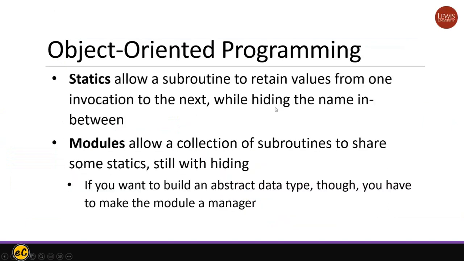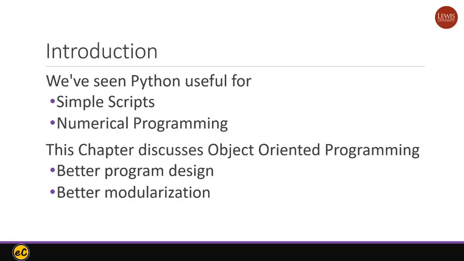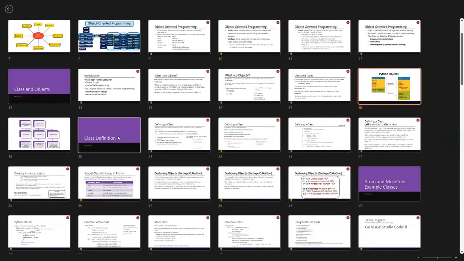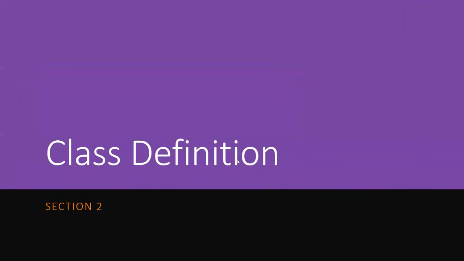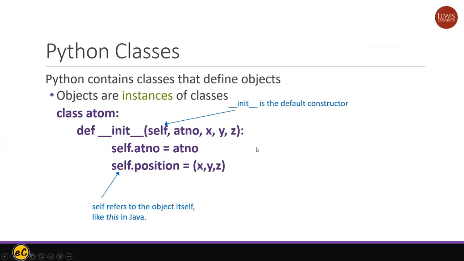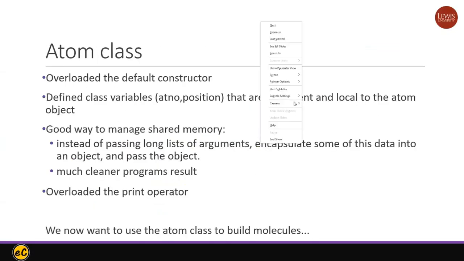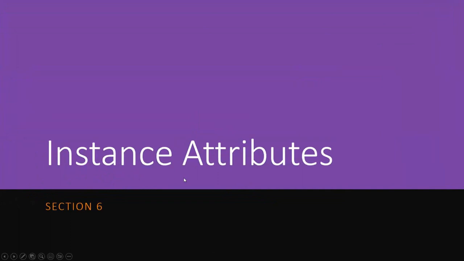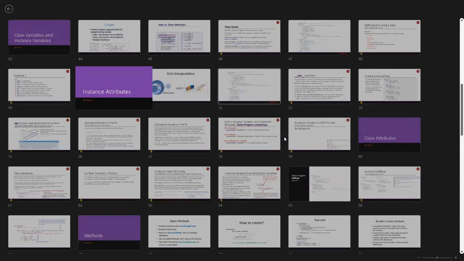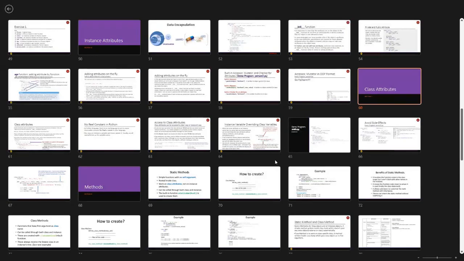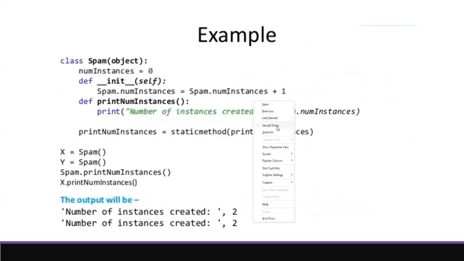Then we talk about historical object-oriented programming paradigms, how to define a class, and what an object is, including a collection or array of objects. We talk about instance attributes and class attributes, that is, static and non-static properties. Then we talk about methods and objects.